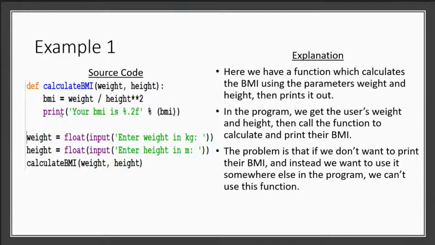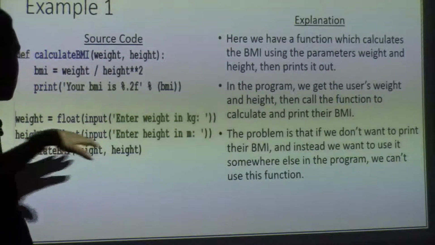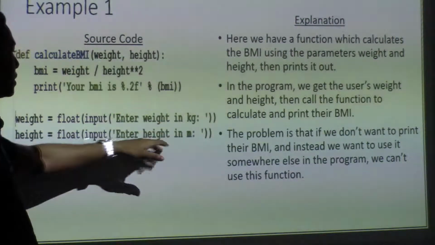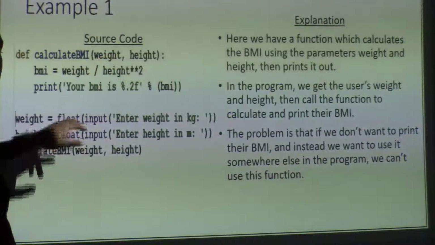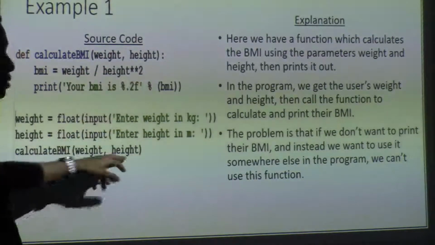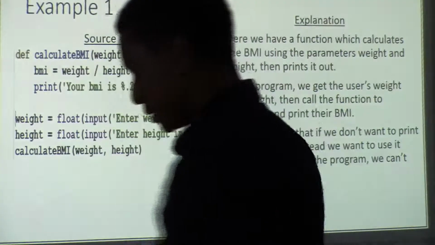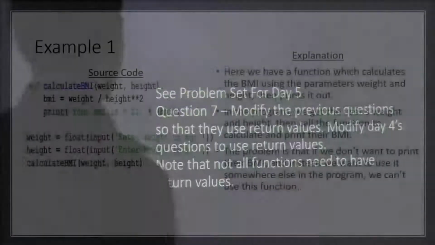Later on in the program, we're creating a variable for weight, asking the user to enter their weight, creating a variable for height, and asking the user to enter the height. Then we're passing our weight value and our height value into our parameters. So now let's see how we're going to use the return value.